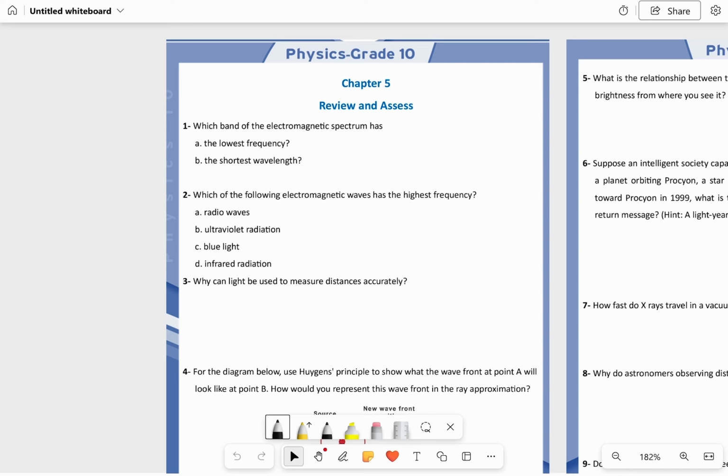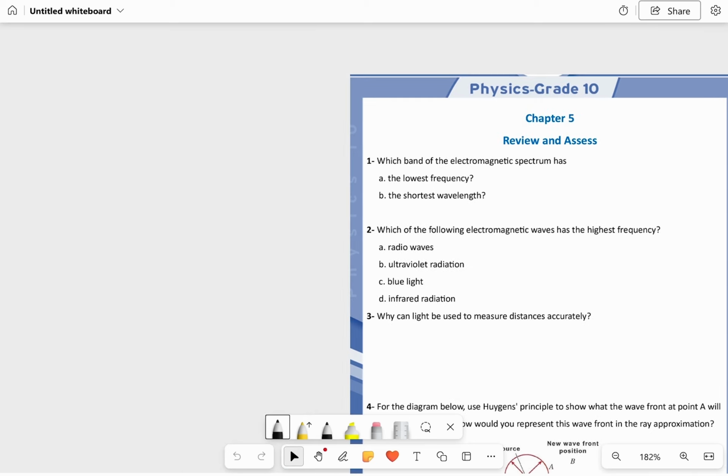Question 1, which band of the electromagnetic spectrum has A, the lowest frequency, B, the shortest wavelength? As you remember, we had the electromagnetic spectrum: radio waves, microwaves, infrared, visible, ultraviolet, X-rays, and gamma rays, which was the final one.